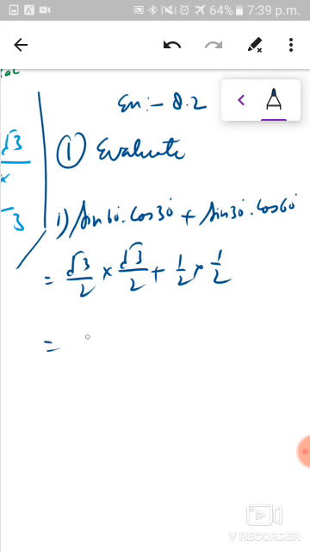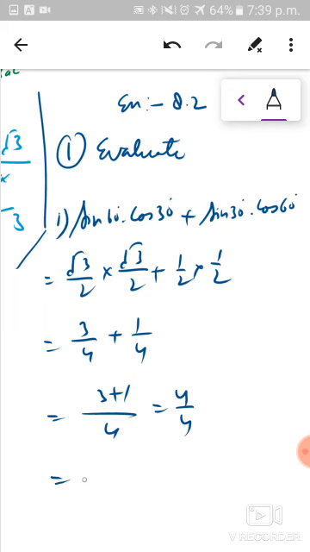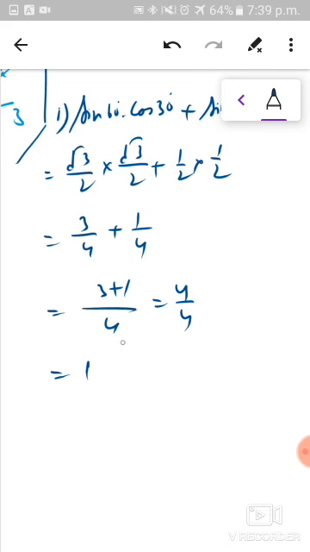Root 3 multiply root 3 is 3, 2 times 2 is 4. 1 times 1 is 1, 2 times 2 is 4. So LCM is 4, and 3 plus 1 is 4, so 4 by 4. So the value of this given expression is 1.